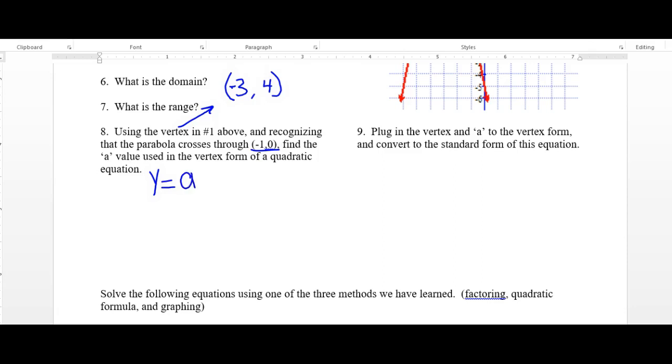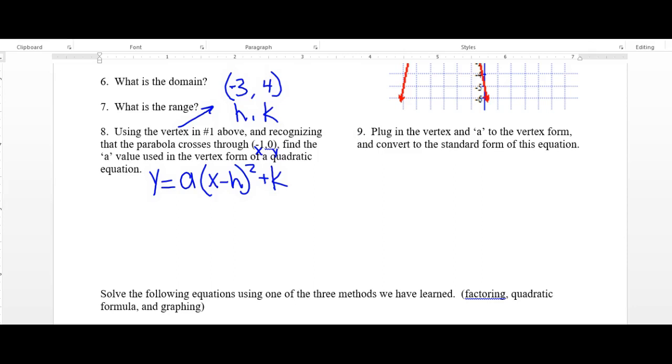It's y equals a(x minus h) squared plus k. We can plug in our vertex, which is h, k, and our ordered pair, which is x, y, and find a. Once we find a, we can plug a in and the vertex, which is number 9 over here, to get the actual equation. But first, we got to find a.